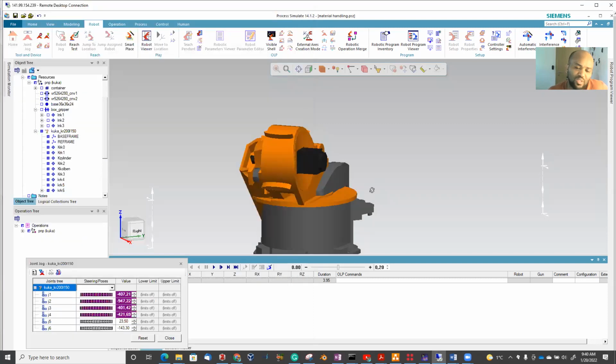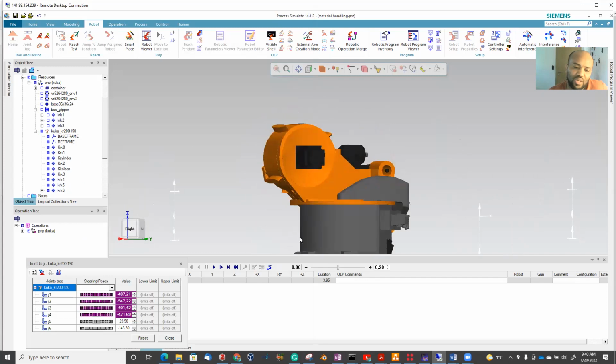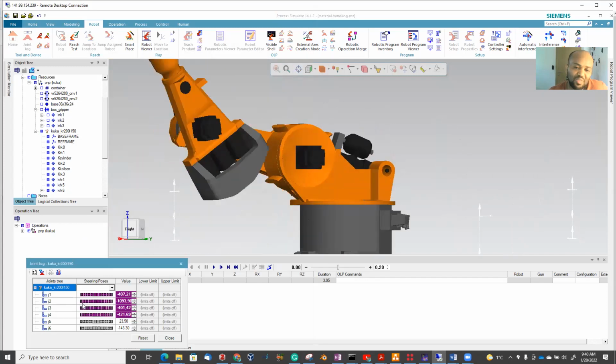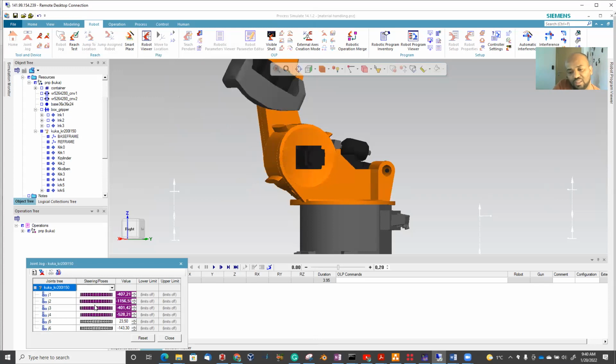What makes robotics a little bit difficult is that you have many joint variables. Here, for example, you have 6 joint variables. So you are not talking about the dynamics of a single joint, you are talking about the cumulative dynamics of 6 joint variables. So this is a little bit difficult.